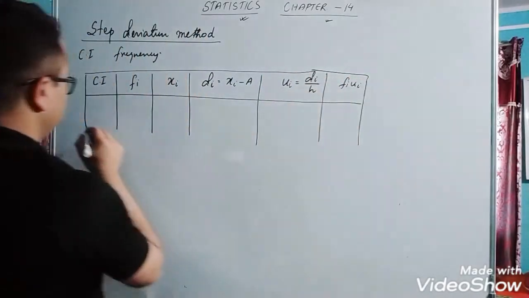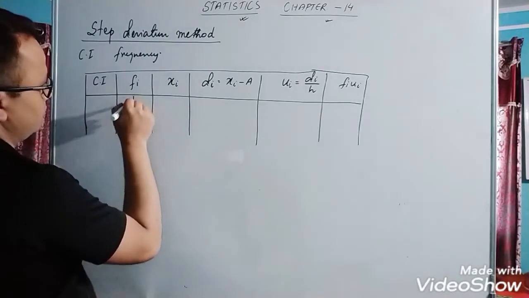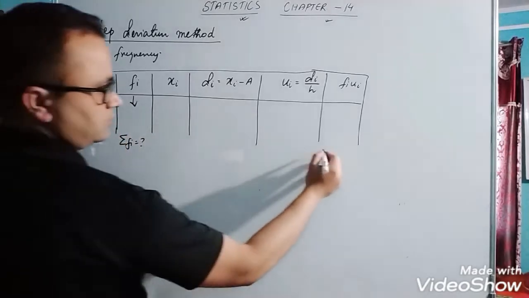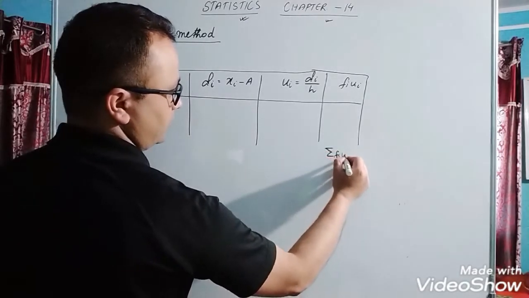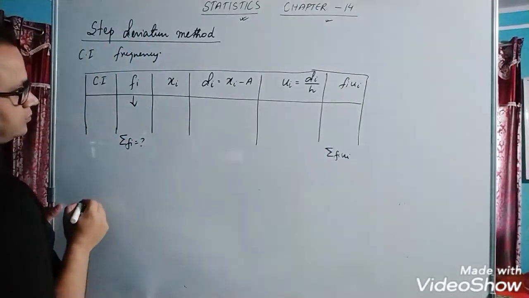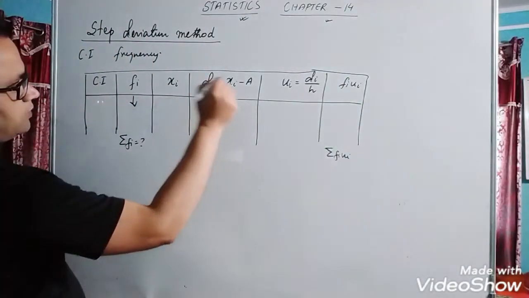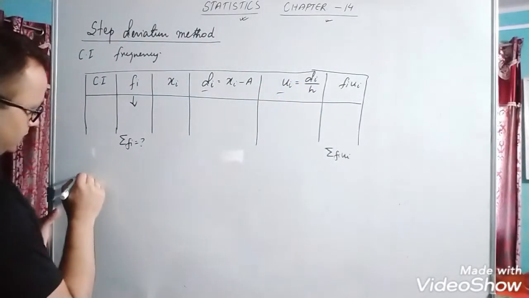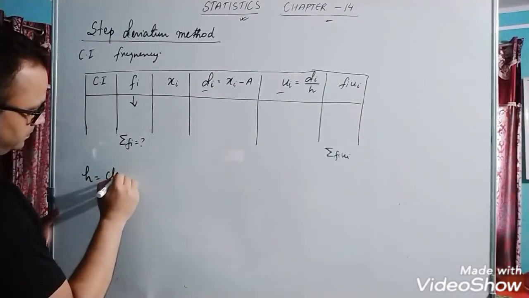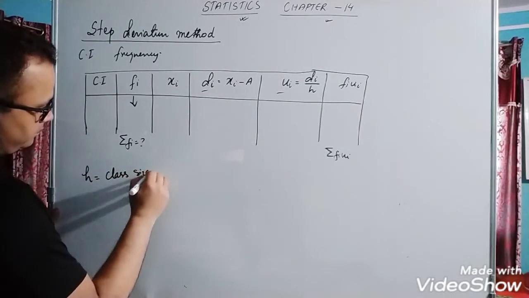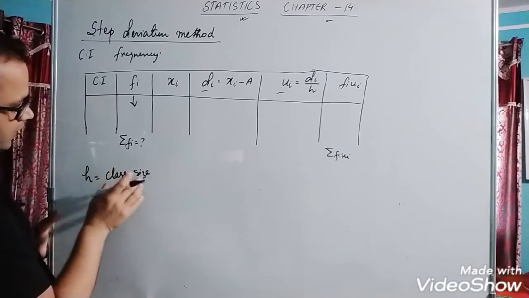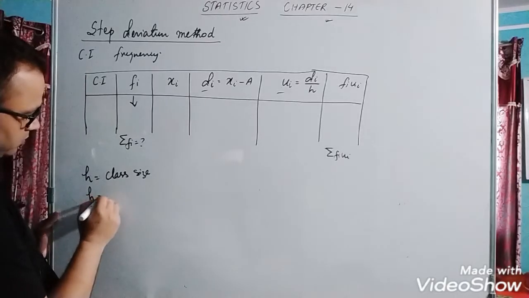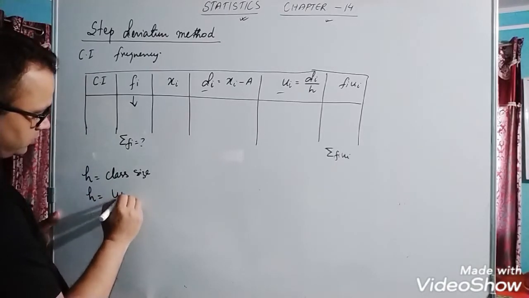In this table, first we have to sum up summation fi and summation fi ui. We know that d is the deviation and ui is the step deviation. Now what is h? H is the class size, obtained from the class interval. The formula of class size is upper limit minus lower limit.